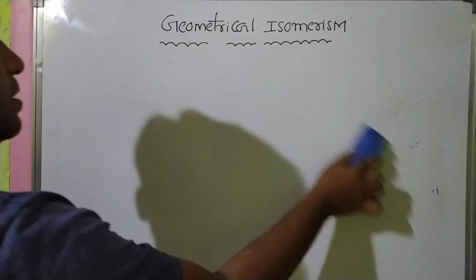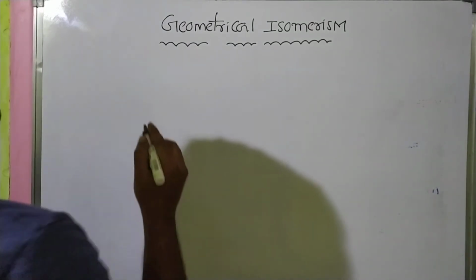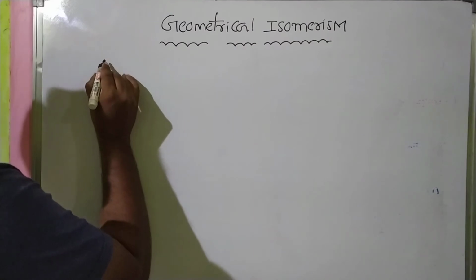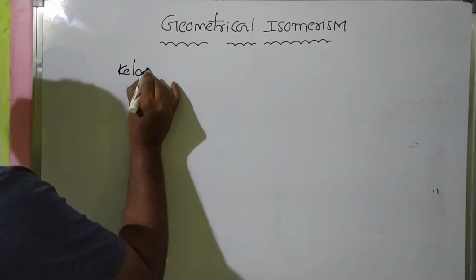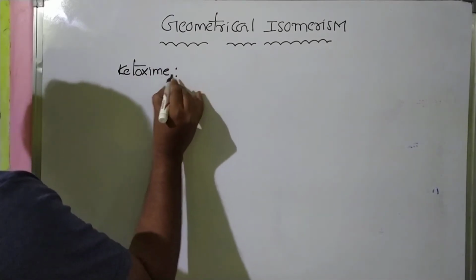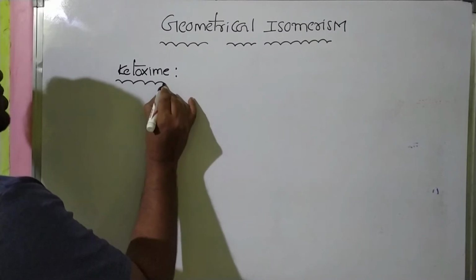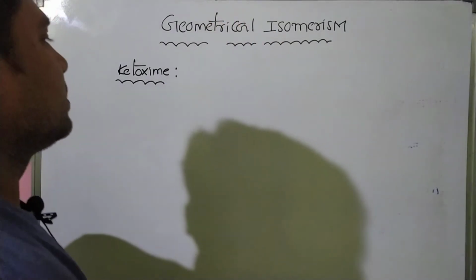Next. The third one is ketoximes. The geometrical isomerism in ketoximes, syn and anti notation.